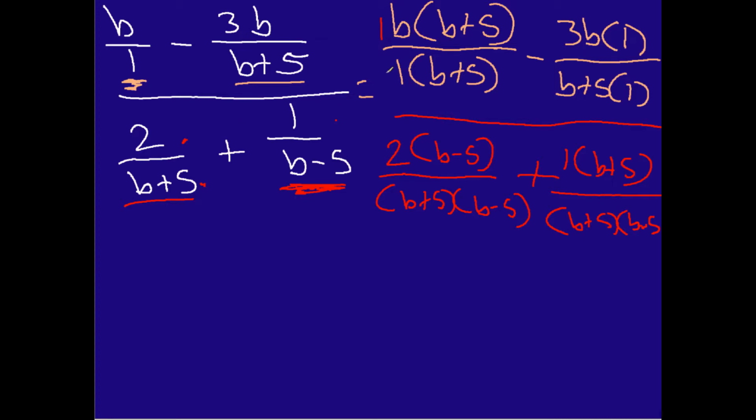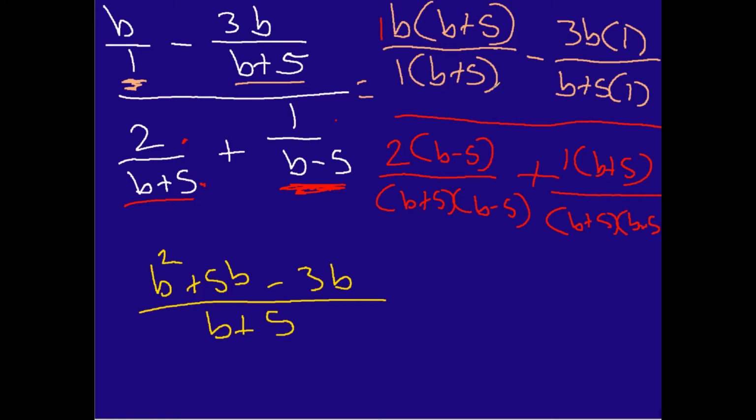So b times b is going to be b squared. B times 5 is going to be 5b, so plus 5b. All right. And then over here, 3b times 1 is going to be 3b. And then essentially all this is going to be over b plus 5.